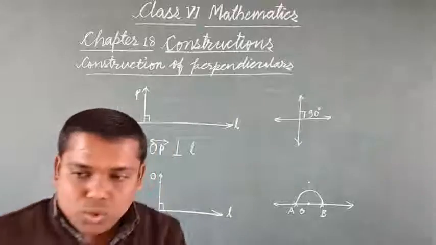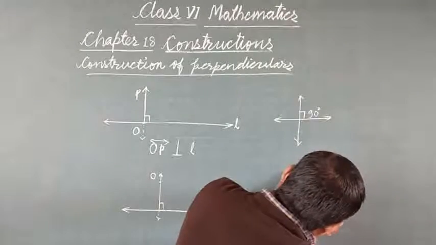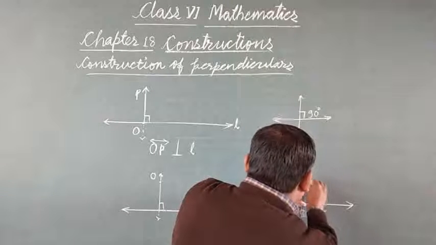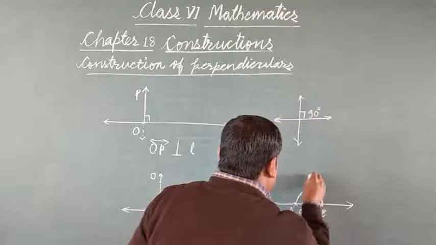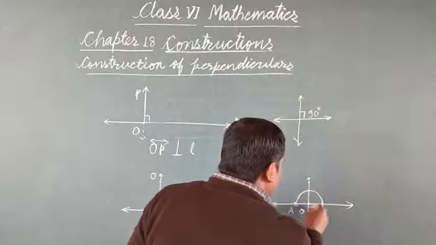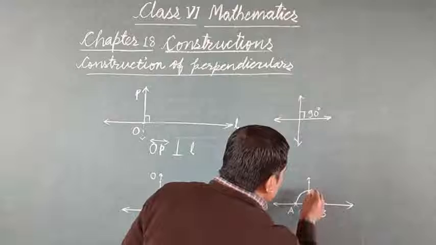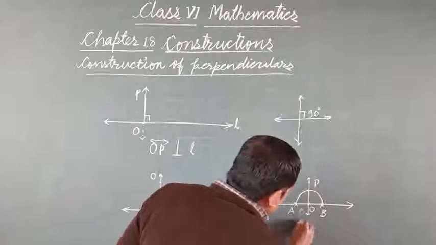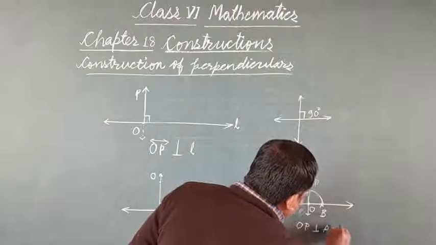Now we will take the ruler to join these 2 points. The point already named O, and this other point we call P. Then you can say OP is perpendicular to AB.